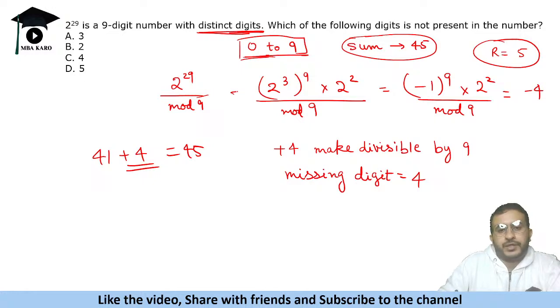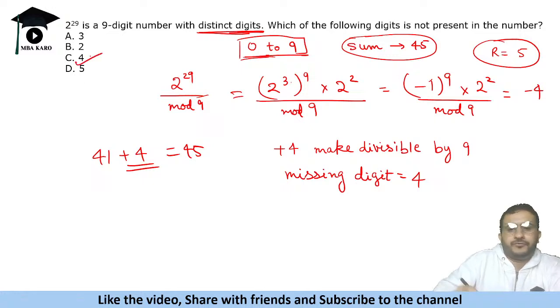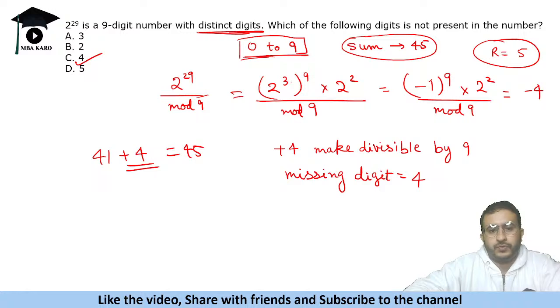remainder. Okay, mod minus 1 देखो, 2 to the power 3 is 8, so 8 by 9, remainder is minus 1. आंसर विल बी 4. तो इसमें थोड़ा सा यहाँ पे कॉन्सेप्चुअल क्लैरिटी और थॉट क्लैरिटी चाहिए कि क्या आंसर होना चाहिए.